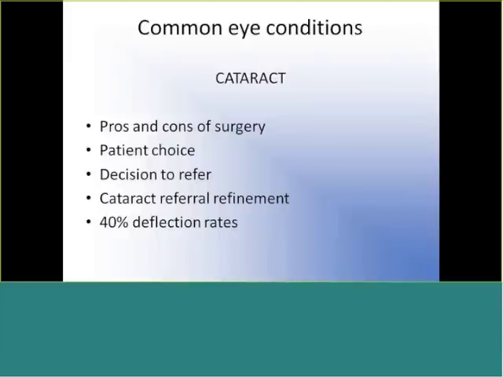And then, of course, we talk about surgery. As I've said to you, 95% of the time, operations go well. There are conditions that make cataract surgery difficult, and there are a number of conditions that cause cataracts to develop earlier.